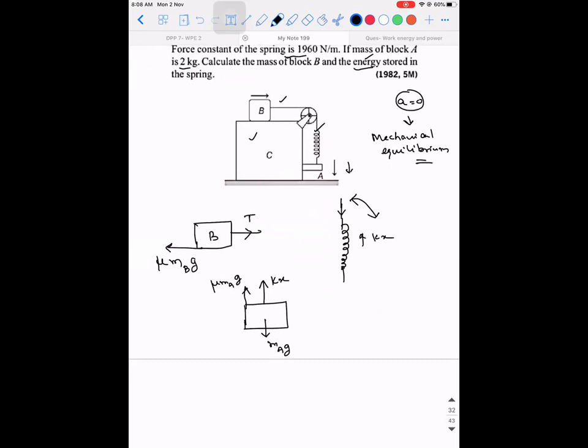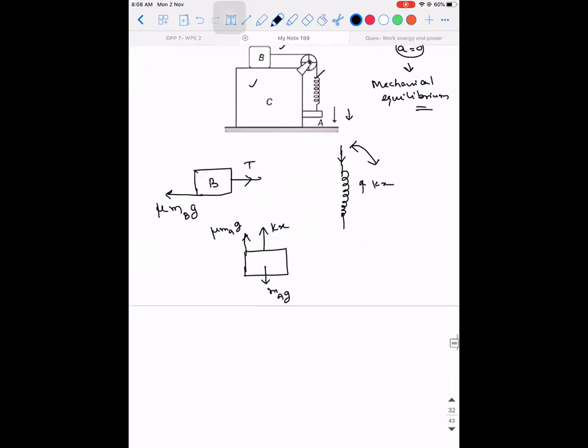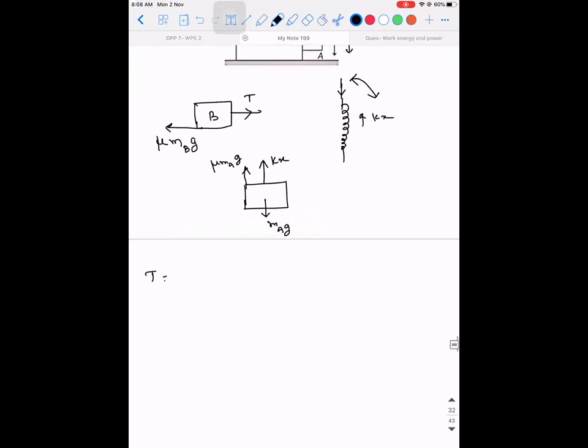Now tell me, how do we proceed? What are all the equations you are getting? T is equal to mu mB into g, and this is equal to kx because T is equal to kx.